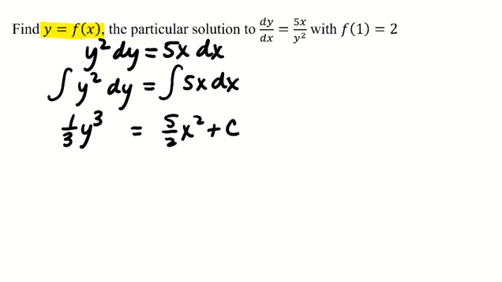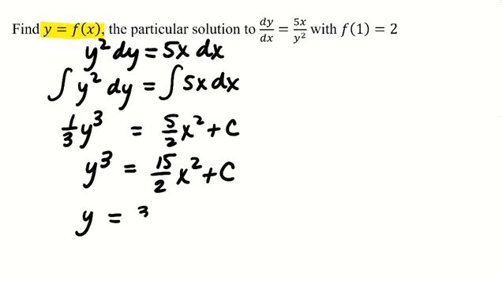I'm going to multiply both sides by 3, and I'll have y to the third is 15/2 of x squared plus c. Again, you could call it 3c if you really felt like it, but over time you're going to stop doing it. So might as well stop now. And then to solve for y, y is going to equal the third root of 15/2 x squared plus c.